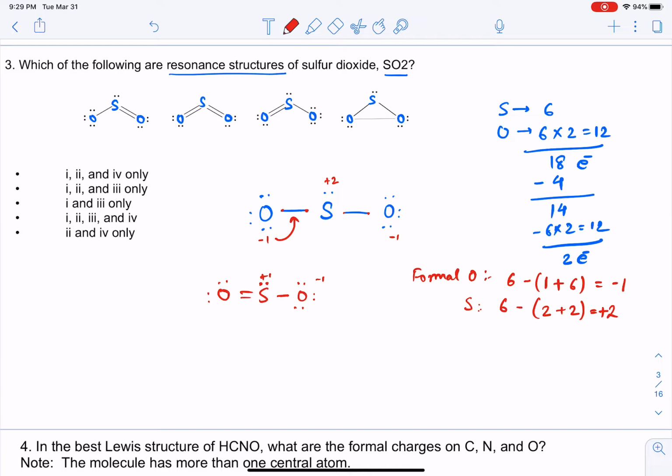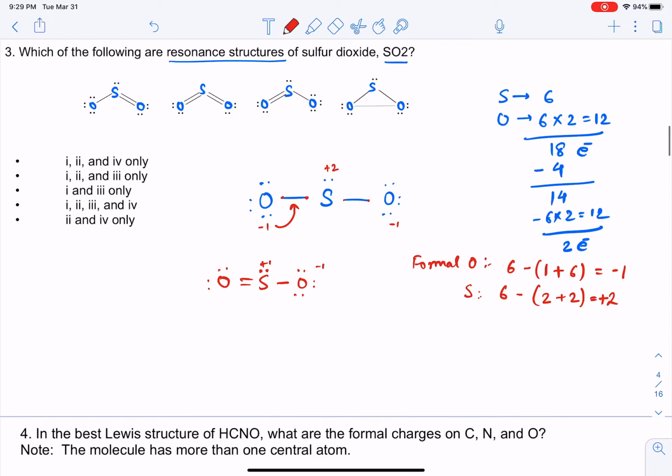It already has 8 electrons, so you can stop here, but you can see that the charge is +1 -1, so you can go further if you want and make it something like S double bond O, S double bond O. And here this is an extension of the octet rule. You have extended from the octet, as sulfur now has 10 electrons.